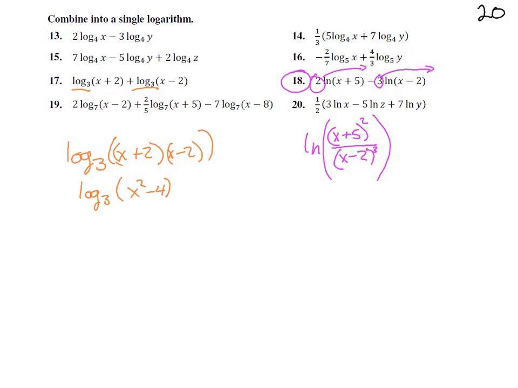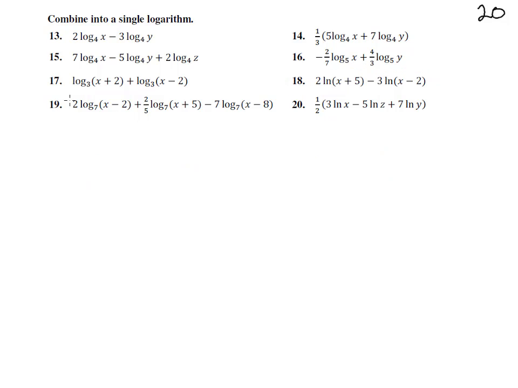Number 19. Ooh, this is a really big one. This is going to be an x minus 2 squared. That's going to be an x plus 5 to the 2/5 power, and then an x minus 8 to the 7th power, but that guy will be divided. So let's see if we can write that out.